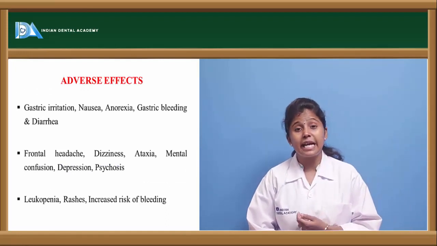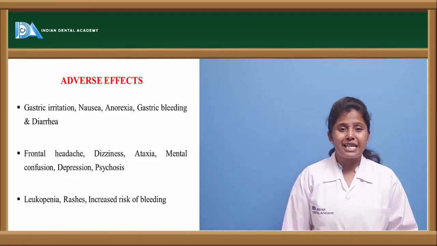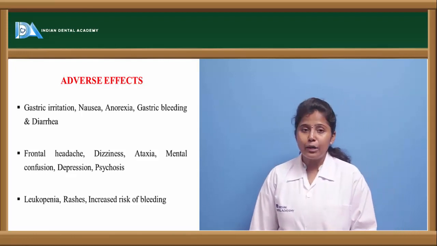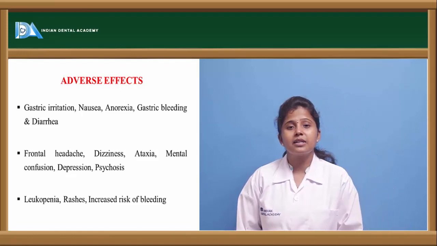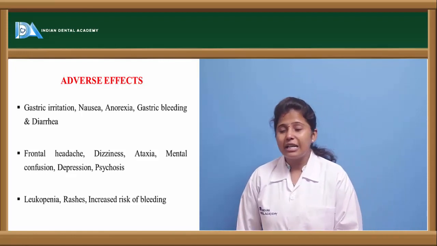With an excessive dose of Indomethacin, it shows adverse effects like gastric irritation, nausea, vomiting, as well as anorexia, a condition with loss of appetite where the person becomes lean or thin.